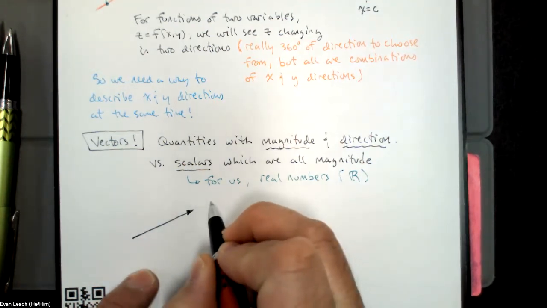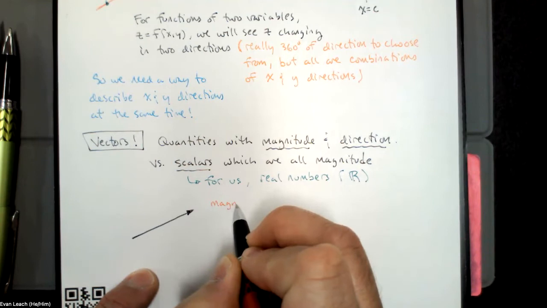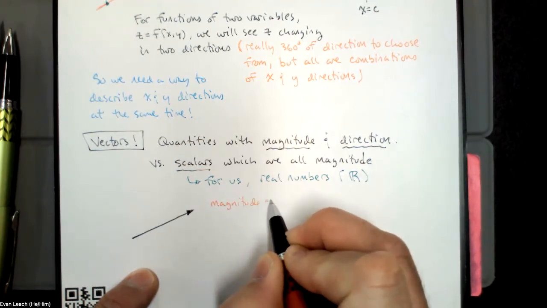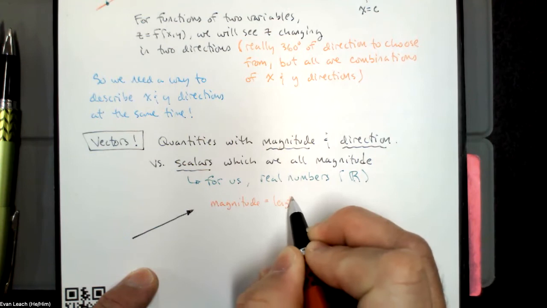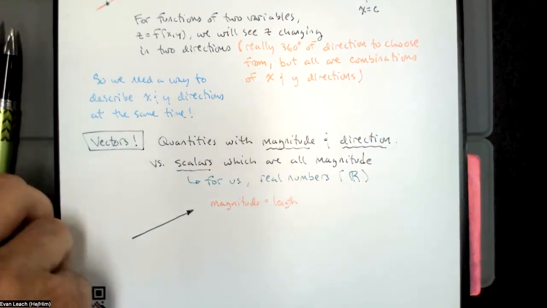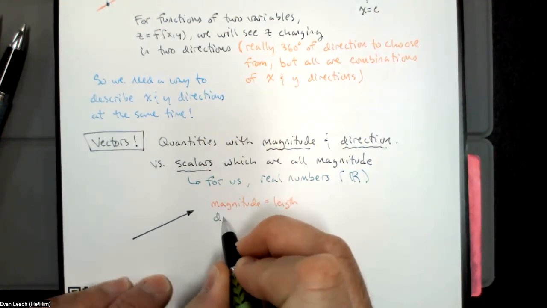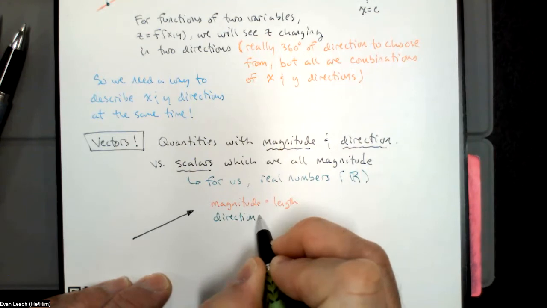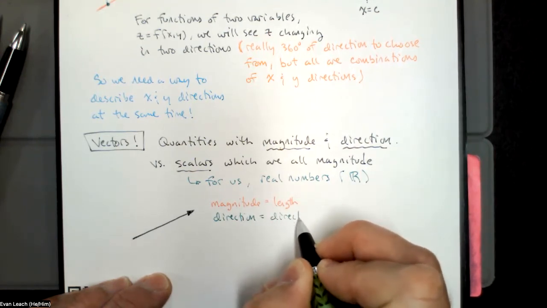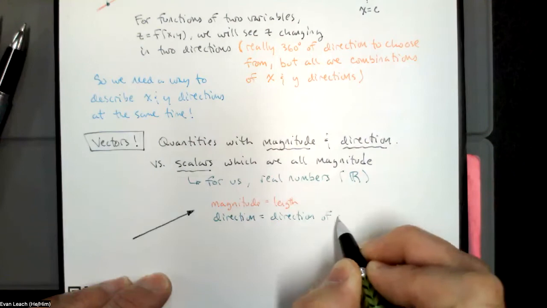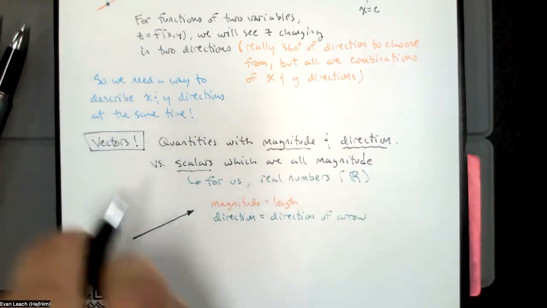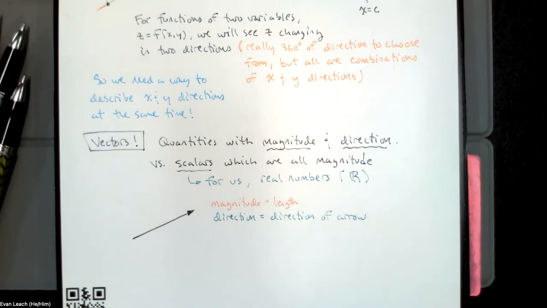The magnitude is going to be represented with the length, and the direction is just the direction. We're going to give our vectors names.